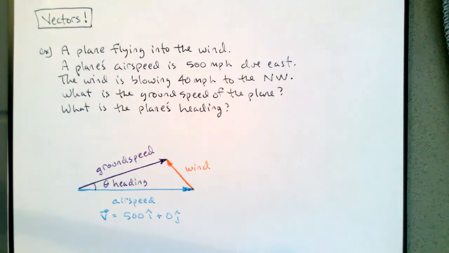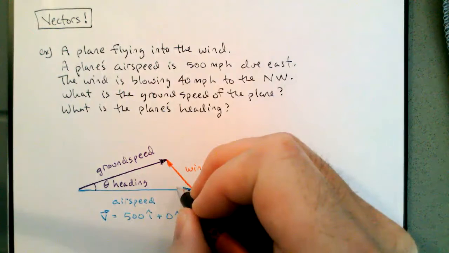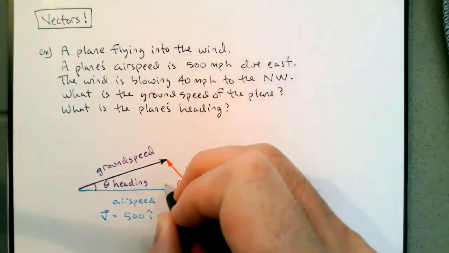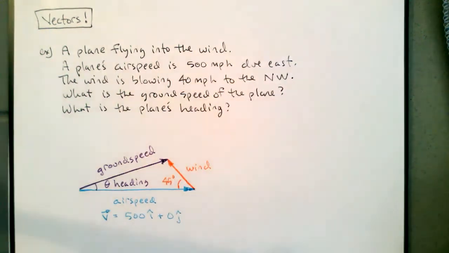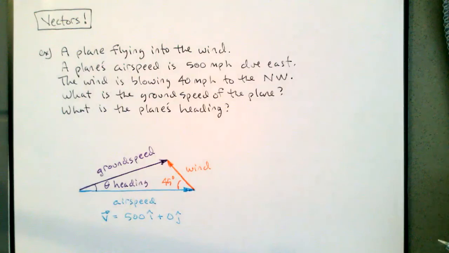The wind, we'll say, is at a 45-degree angle, or pi over 4 radians for those of you who like real numbers.